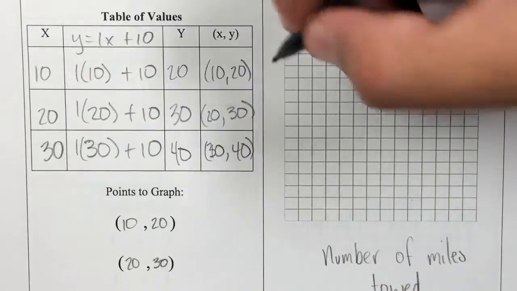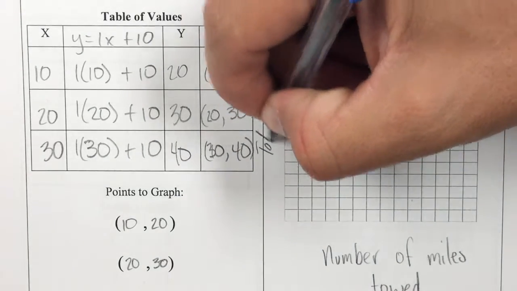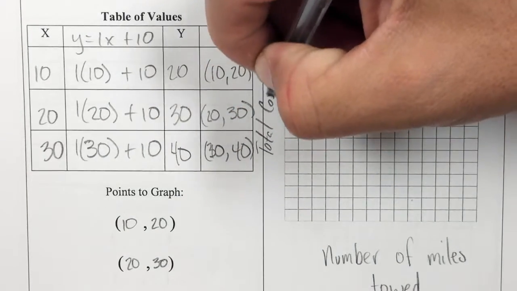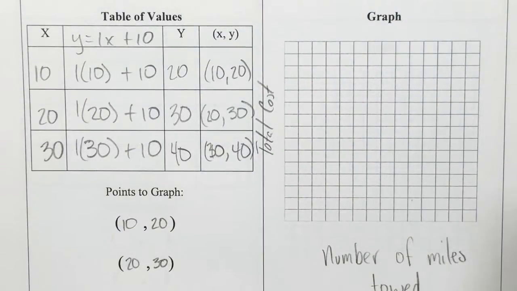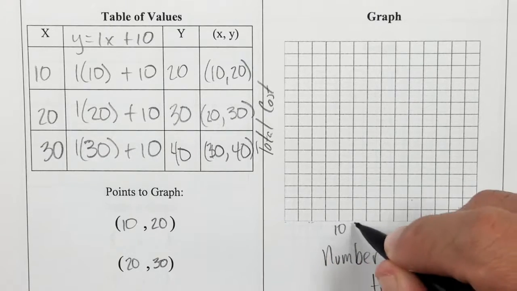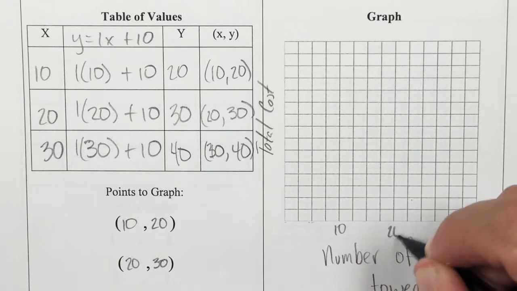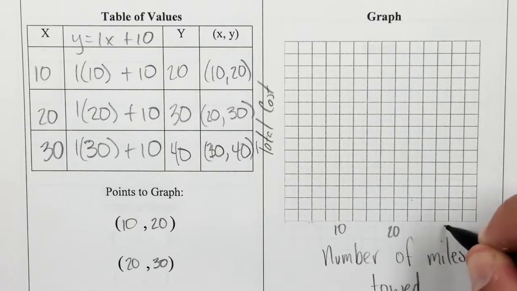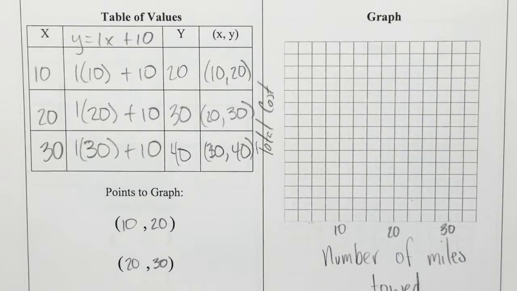And then your y value will be your total cost. Now we got to make our grid here. To me, I'm going to space mine out so I can see it better.